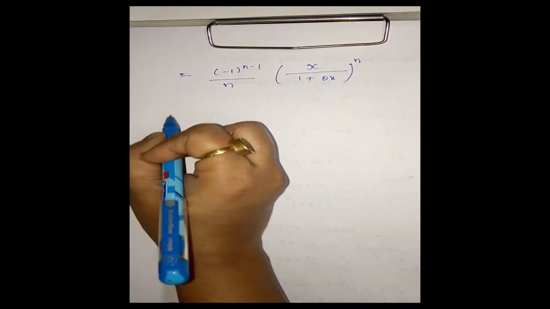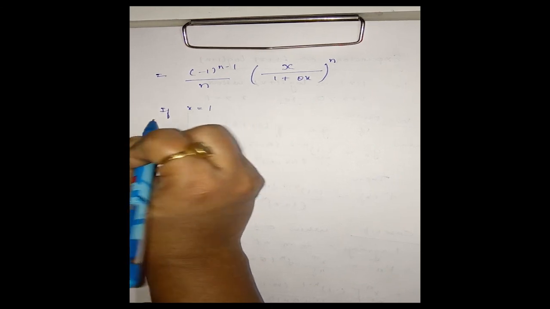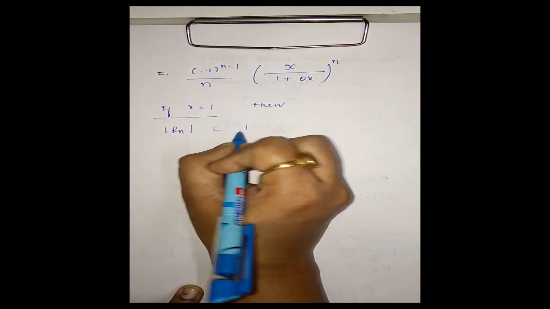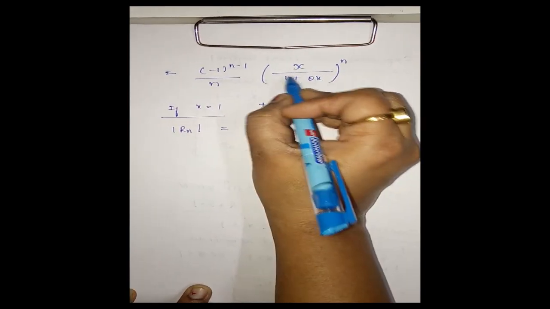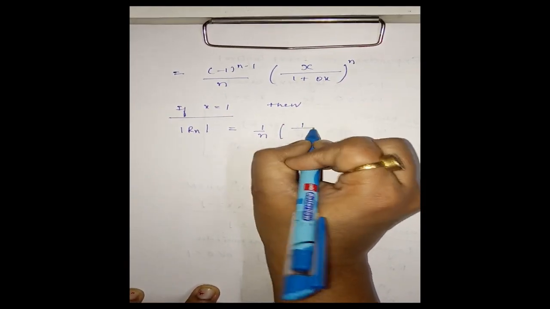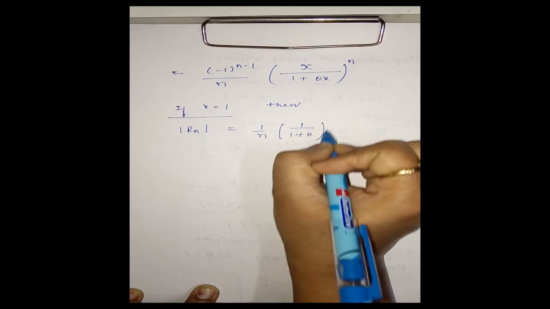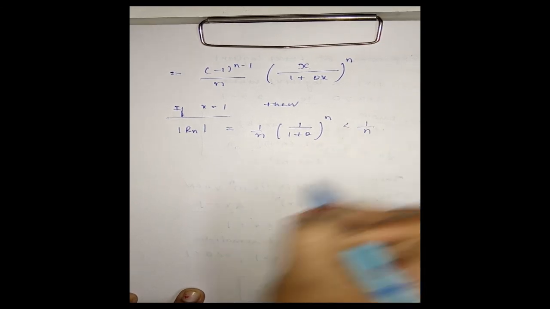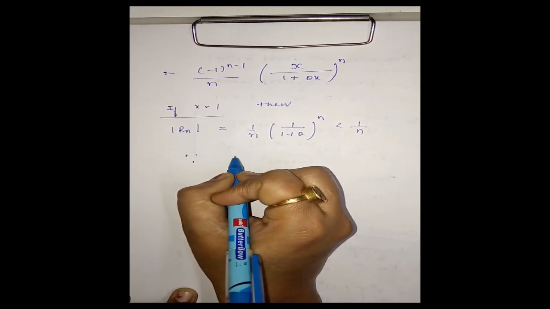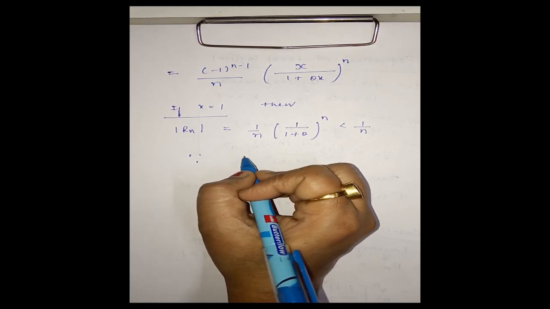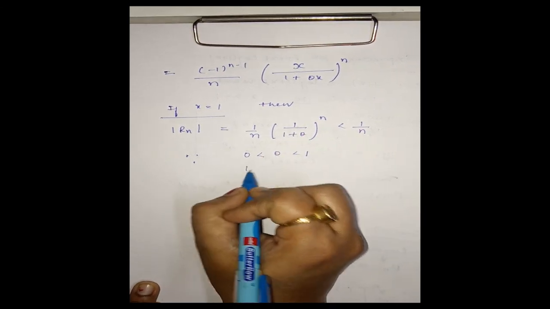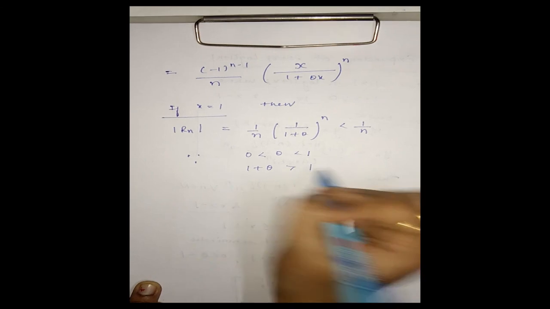Okay, this is Rn. Now, if x is equal to 1, then mod Rn is equal to 1 upon n, this is positive. This is equal to 1 upon (1 plus theta) power n, and it is less than 1 by n. Clear? Since theta lies between 0 and 1, here 1 plus theta is clearly greater than 1.